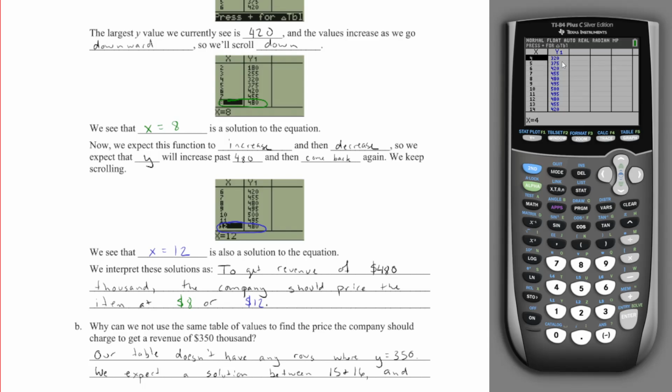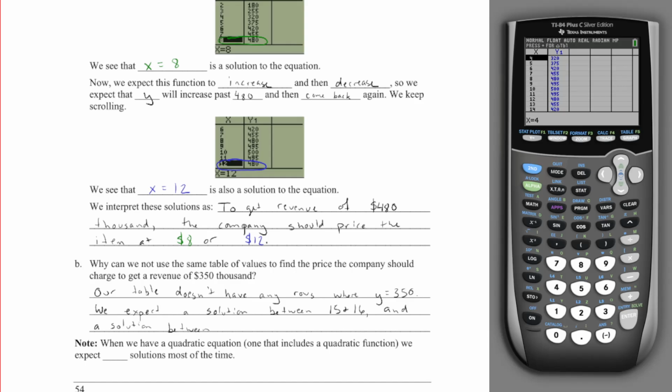So 4 gives 320, and 5 gives 375, so a solution between 4 and 5.